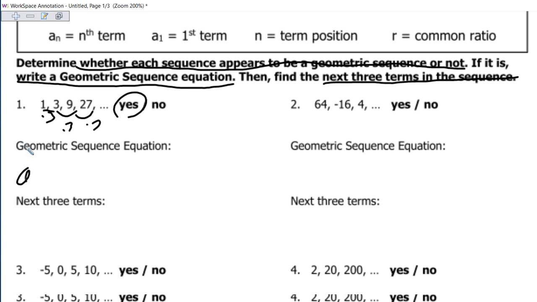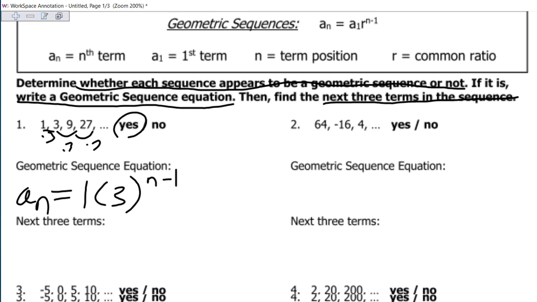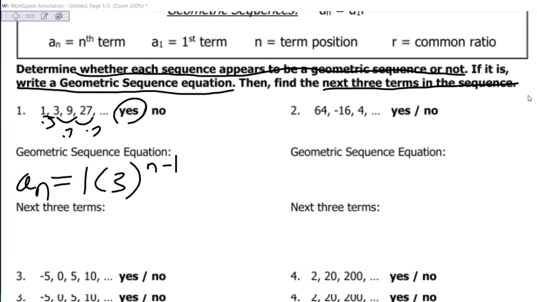That's going to be a sub n equals a sub 1, which is 1 in this case, times r, which is 3, that's what we're multiplying by every time, raised to the n minus 1. And that's really super easy.